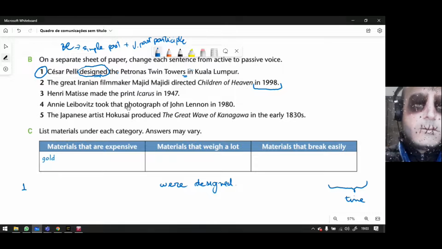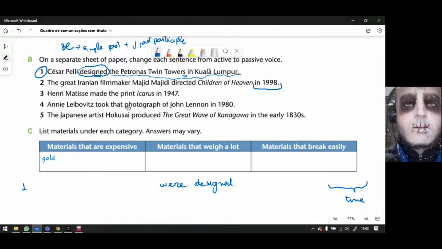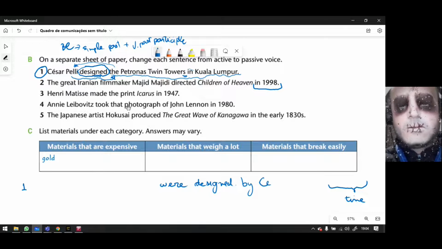Lucky us. So now we're going to invert this object part here, which is everything in the sentence. We invert to the first part. And the second one, which is the subject, we use a by phrase here and put in the end the author, which is Cesar Pelli.